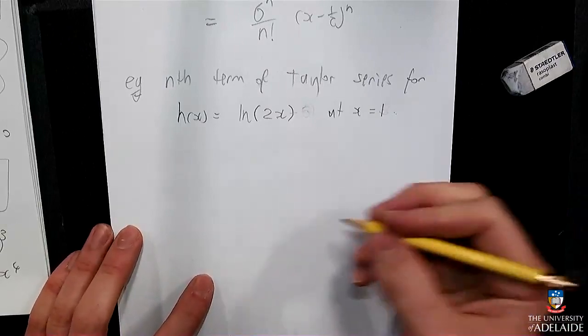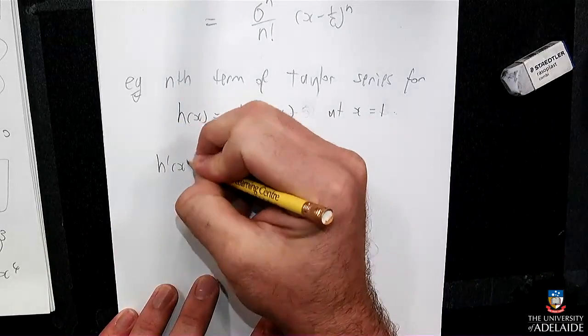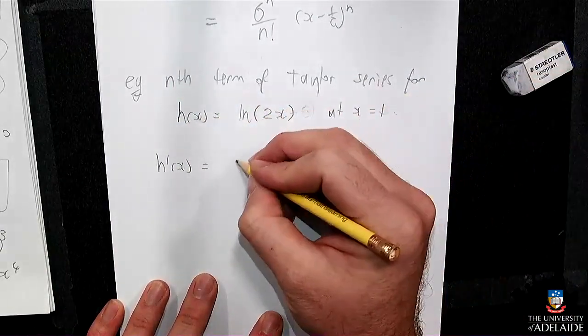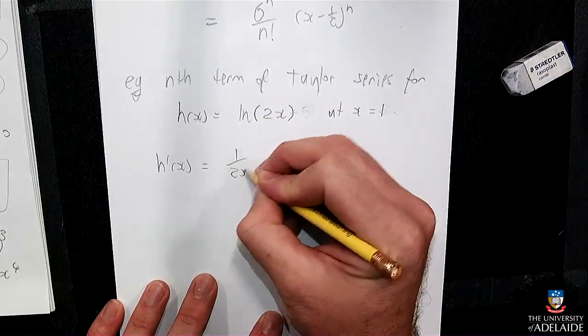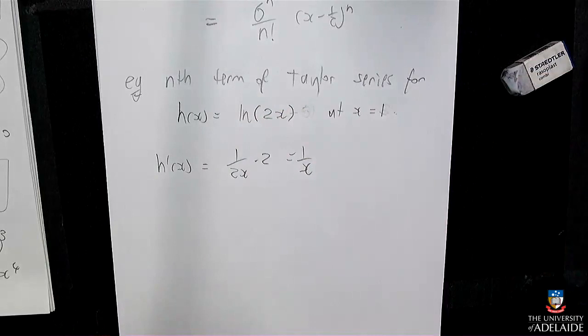Okay. So I need the nth derivative. So this will be 1 over 2x times 2, which is just 1 over x. Yay! I really should have put a plus 1 in there, shouldn't I?